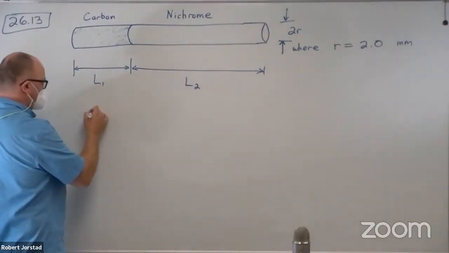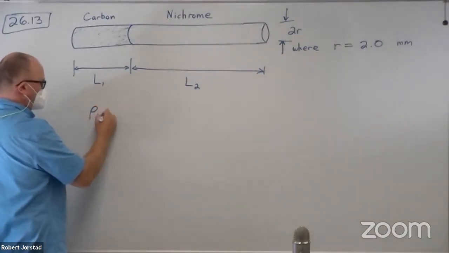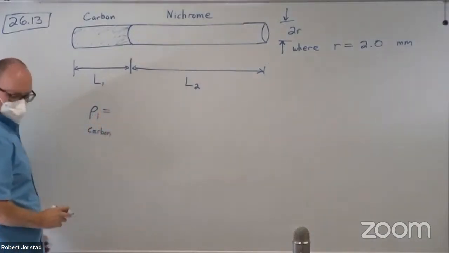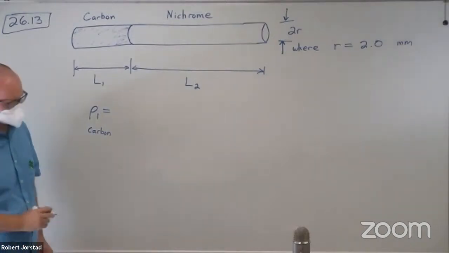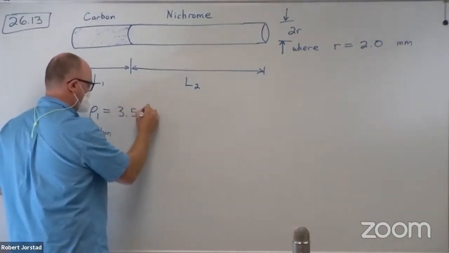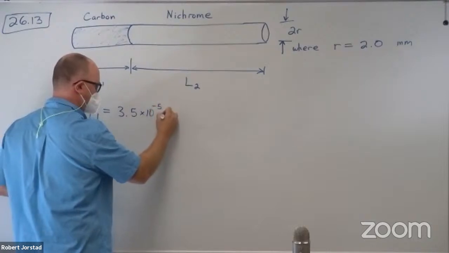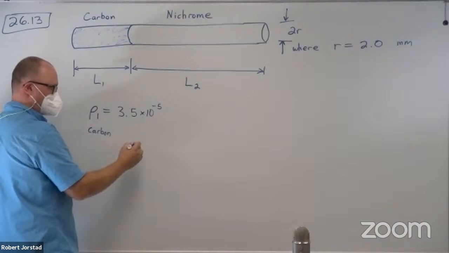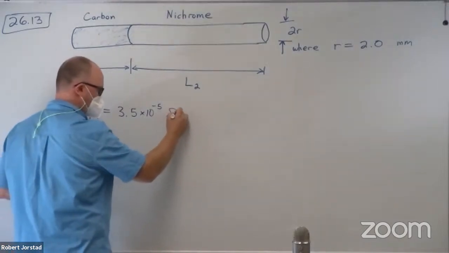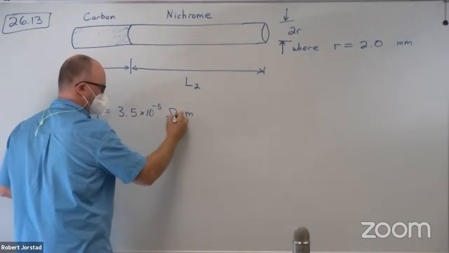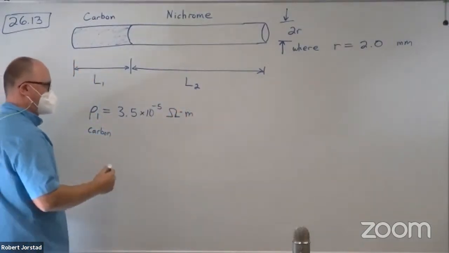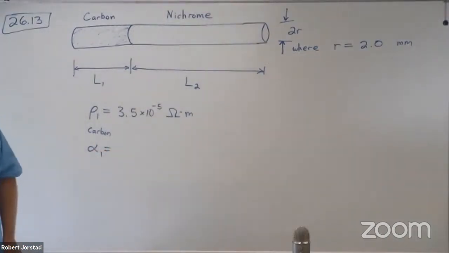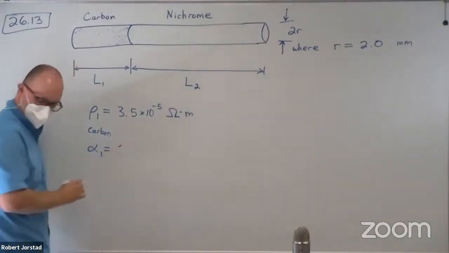We're told resistivity 1. That's the carbon. What was that value? 3.5 times 10 to the negative 5th. What are the units? Ohm meters. Yeah, you said ohms. Okay. And then alpha 1 was, no, that's not alpha 1.